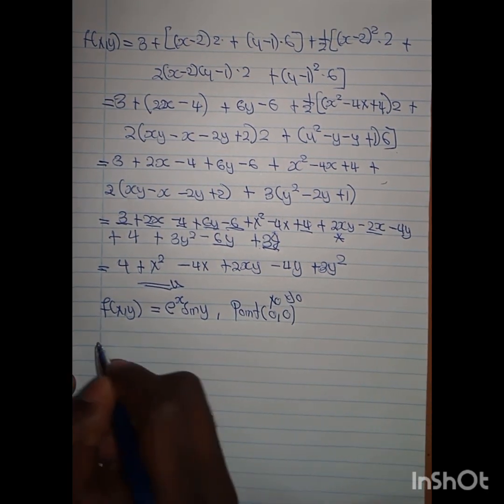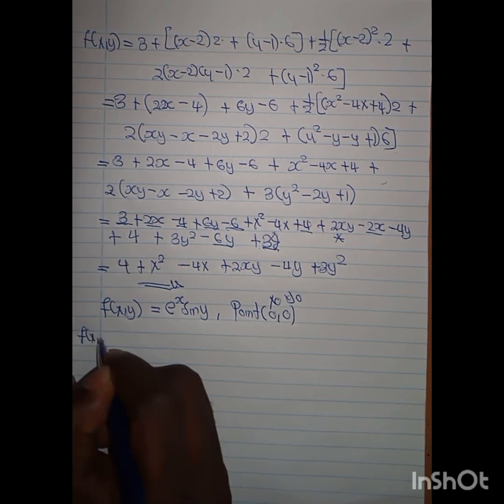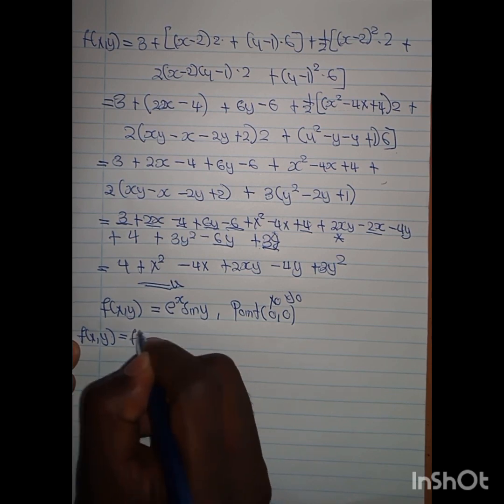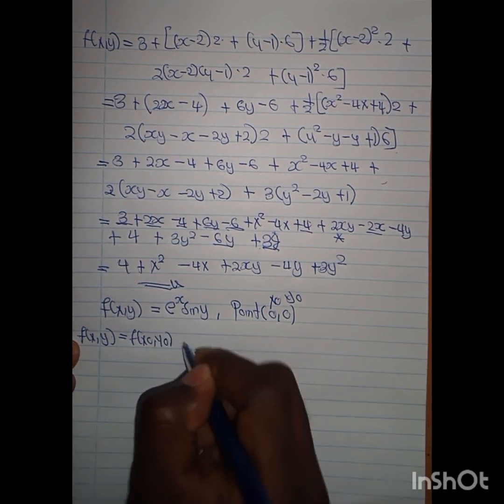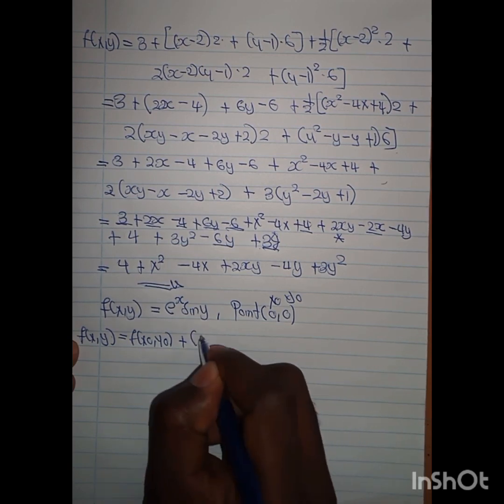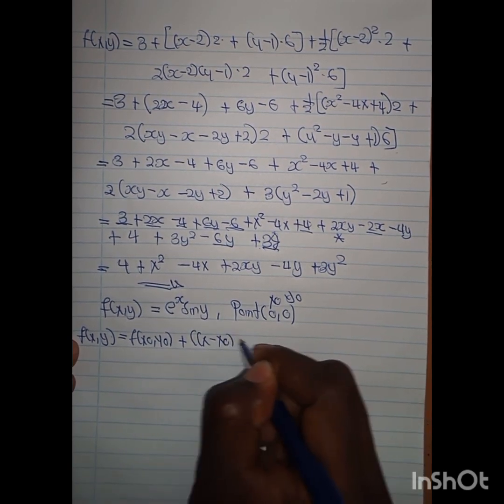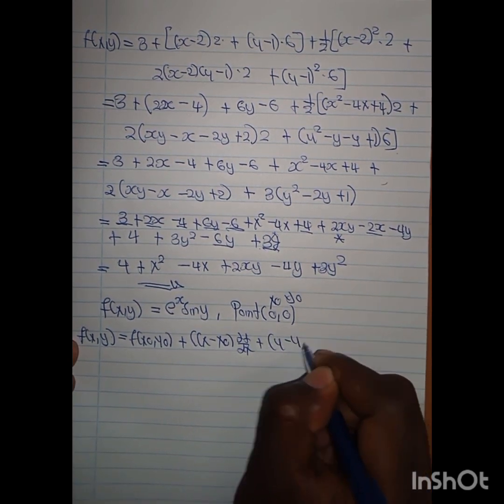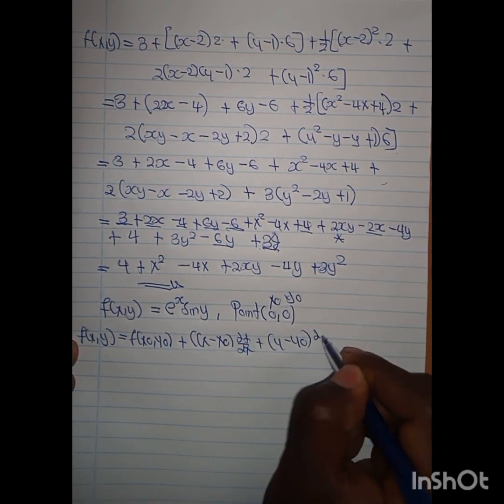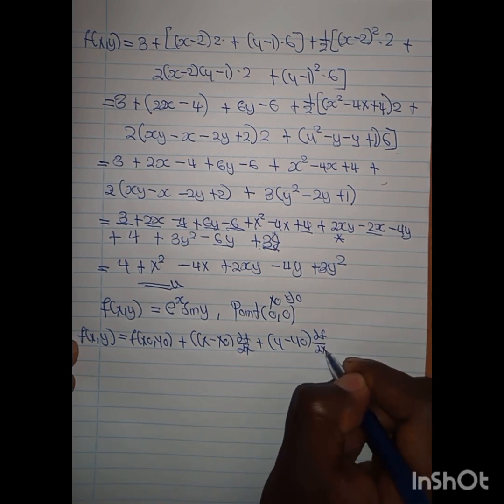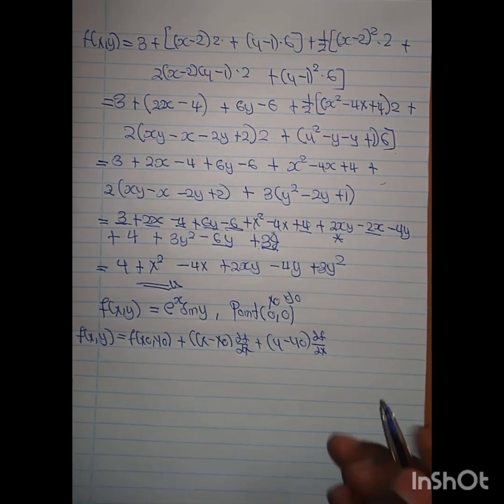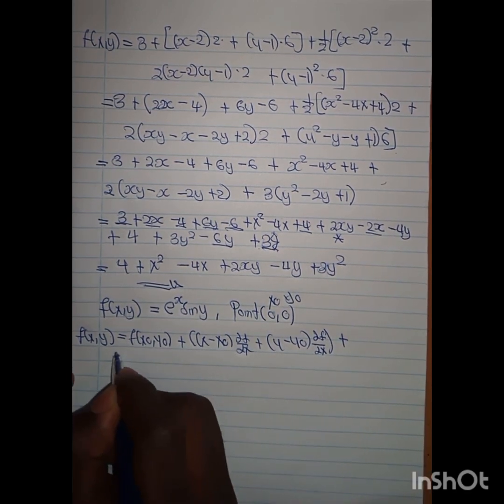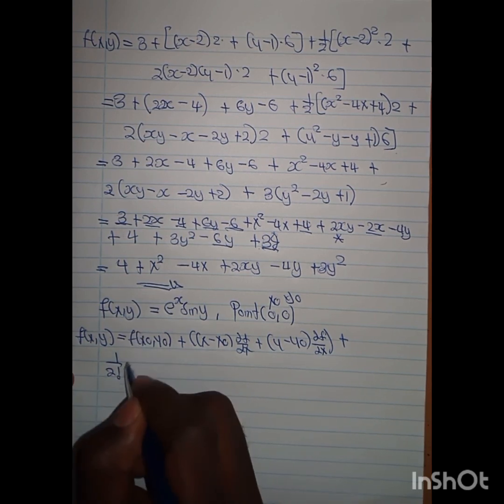Remember, we have said that f of x, y is given by f of x naught, y naught plus (x minus x naught) df dx plus (y minus y naught) df dy, then close bracket, plus up to second order 1 over 2 factorial.